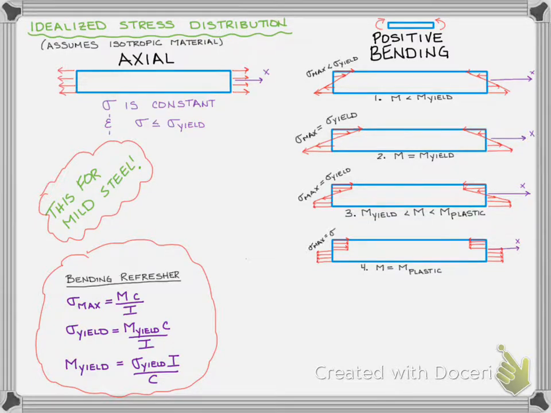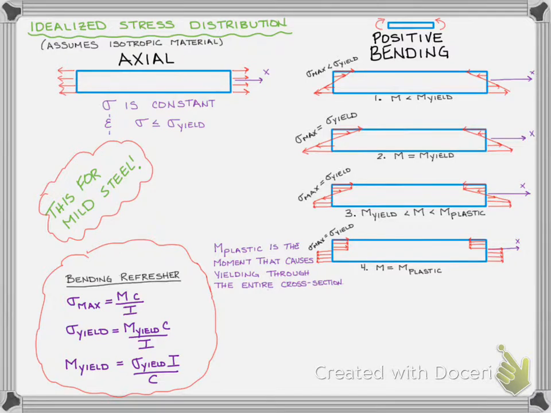It's just once we yield the outer surface, if we add more moment, then a little bit deeper into the cross section has to take over and handle that, and then it yields. And then if we add more load, a little bit more comes in and we get more yield. And we're going to say that this plastic moment, just so you have the definition of it, is the moment that causes yielding through the entire cross section.